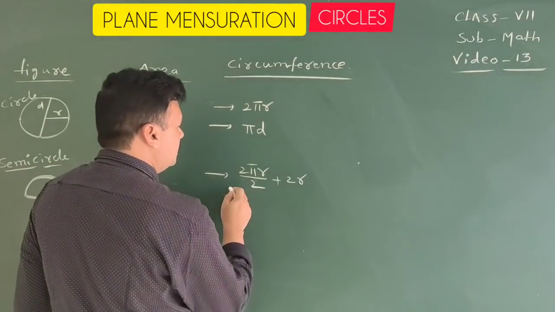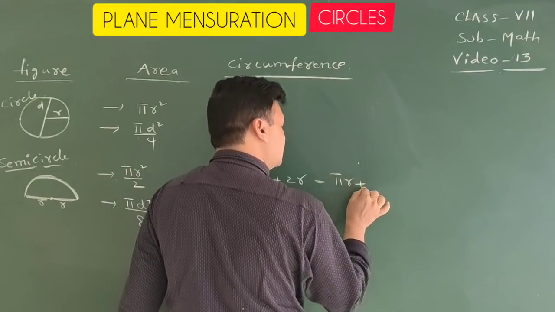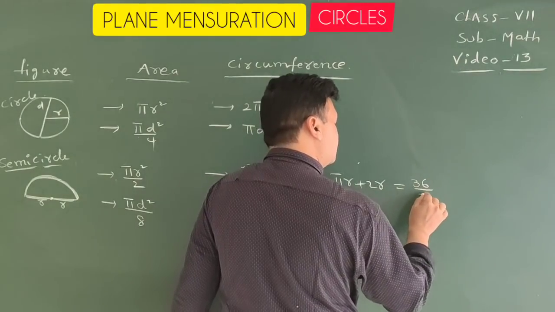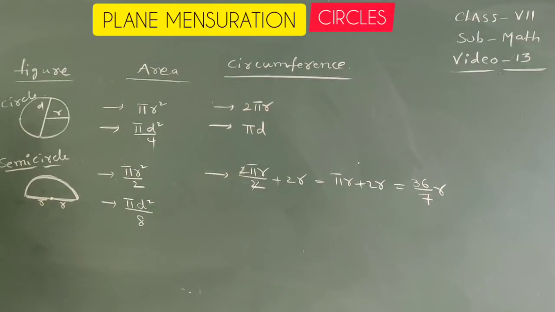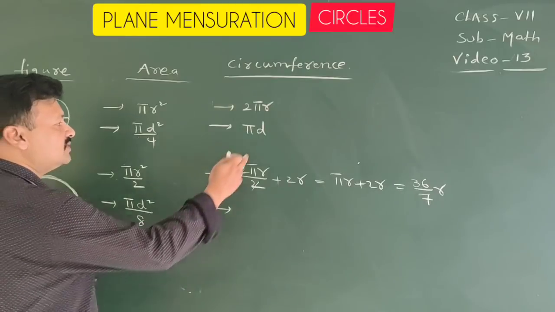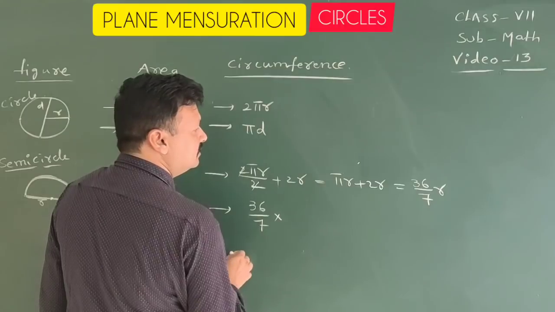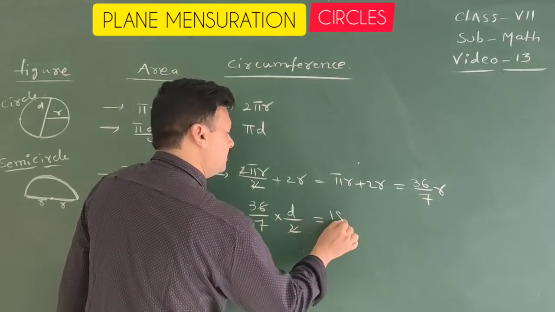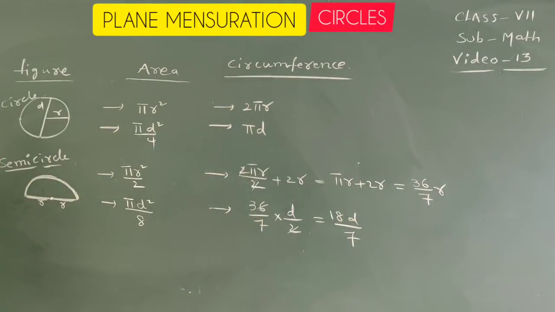So in total pi r plus 2r, otherwise 36 by 7 r is the circumference of a semicircle. And in terms of d, 36 by 7 into d by 2, so 18 d by 7 is the circumference of a semicircle.